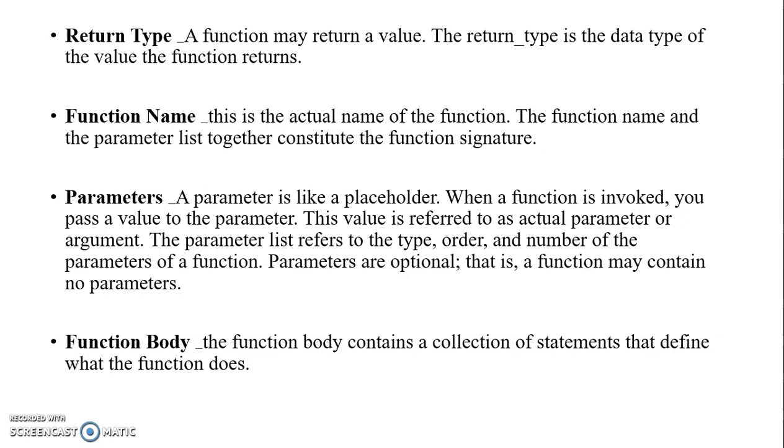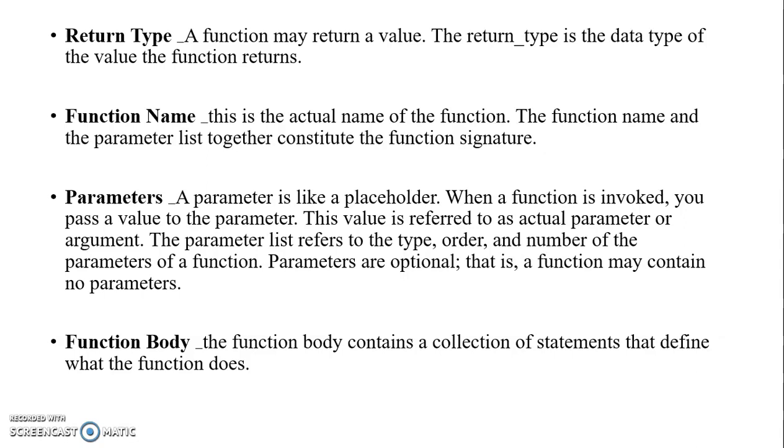Keep in mind, after the return type we have the function name. Now what is exactly the function name? It is the name of the function, whatever name you want to give for that function, you can give. But this function name follows the identifier rules. Now what are the rules for the identifier? You already know that. The rules of identifier say that you cannot create the name with a digit.